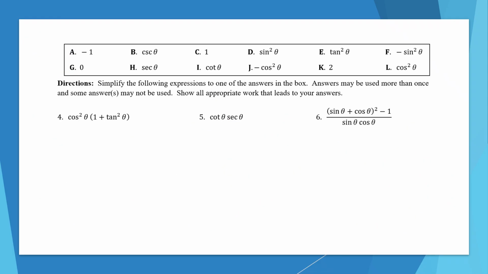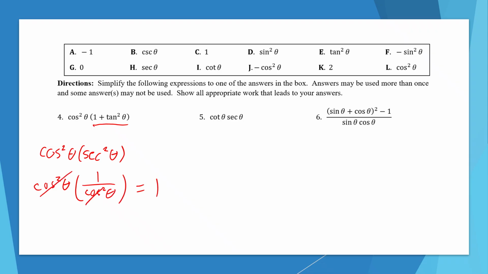All right, so for number 4 here, I see 1 plus tangent squared theta. Using the Pythagorean identity, I know that this is immediately equal to secant squared theta, and then cosine squared theta times secant squared theta. Secant squared theta is 1 over cosine squared theta. These should cancel out, and we're just left with 1.